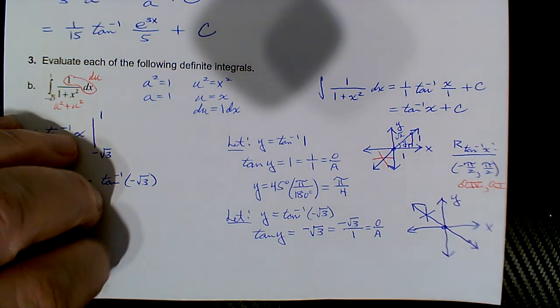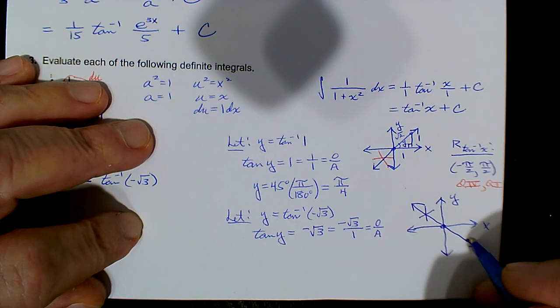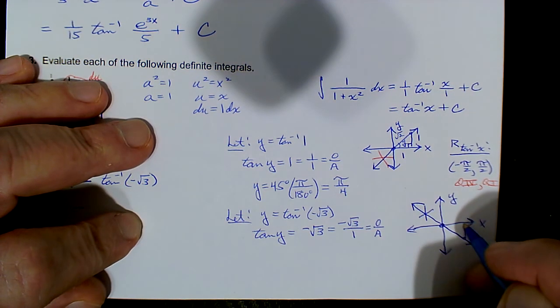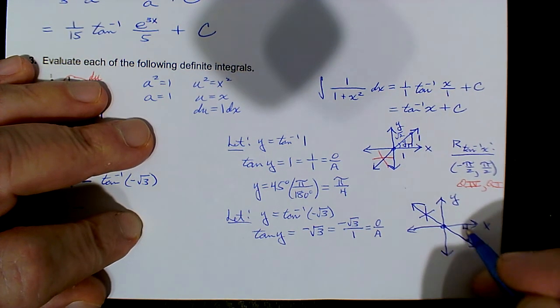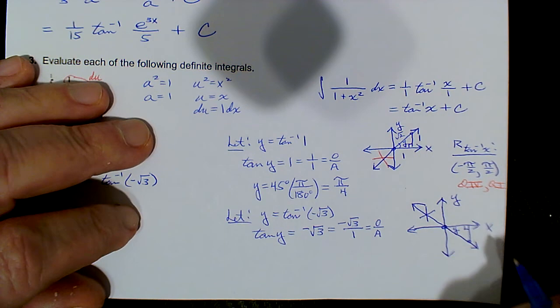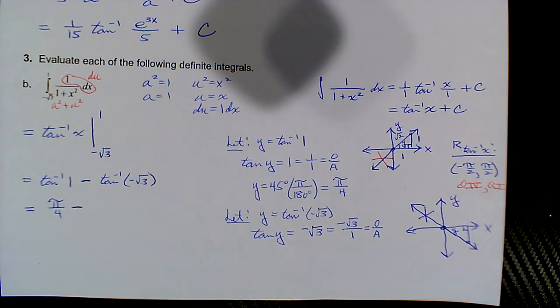So, working off the angle in quadrant 4, there's our point, drop a perpendicular. Okay, the angle y is measured off the x-axis, but it will actually be negative, because we'll be measuring it in the clockwise direction.